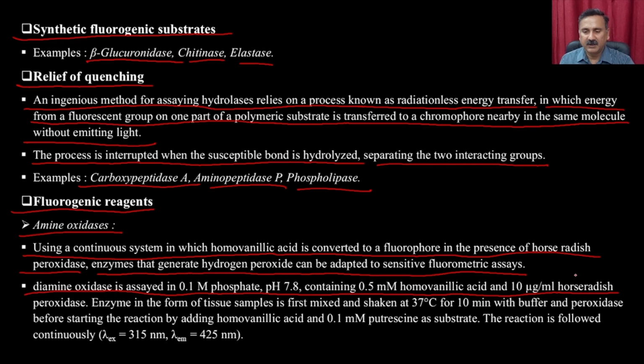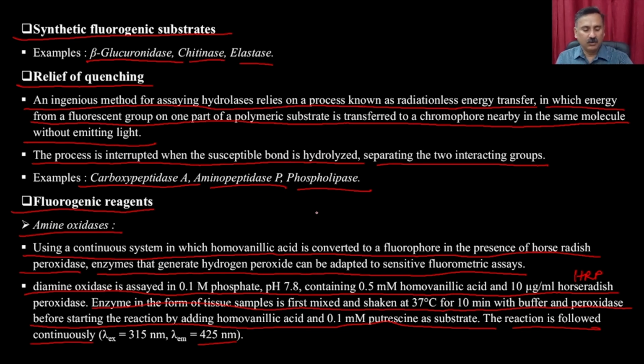This is horseradish peroxidase, right? The enzyme, in the form of tissue sample, is first mixed and shaken at 37 degrees Celsius for 10 minutes with buffer and the peroxidase before starting the reaction by adding the homovanillic acid and 0.1 molar putrescine as substrate. The reaction is followed continuously at lambda excitation of 315 nanometer and lambda emission of 425 nanometer.